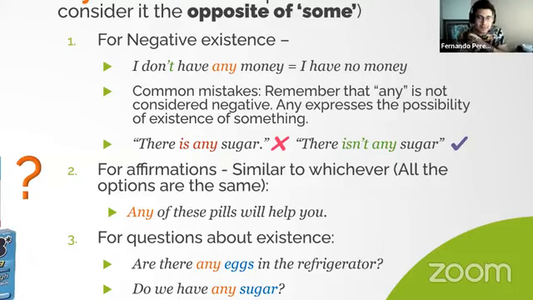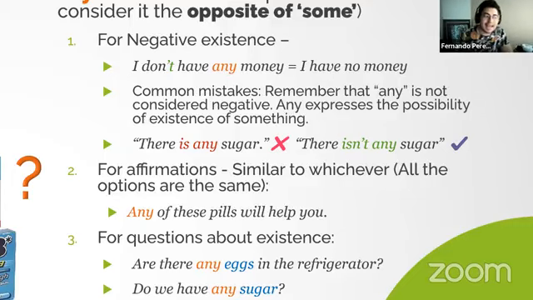So the difference between the two is observing the construction of the sentence. The auxiliary in the first example is negative, I don't have, and in the second example is positive. You see?